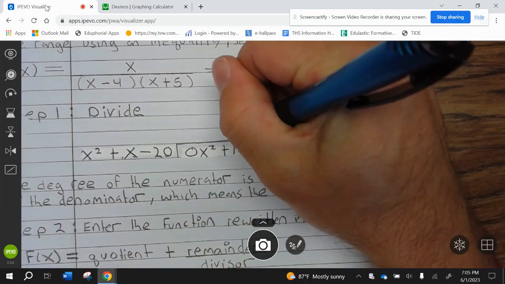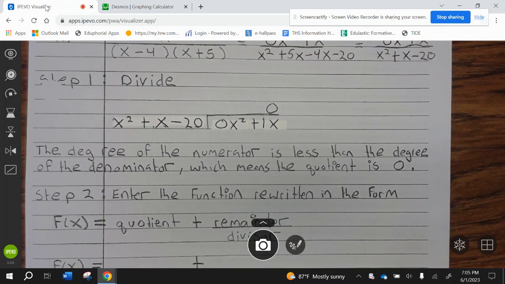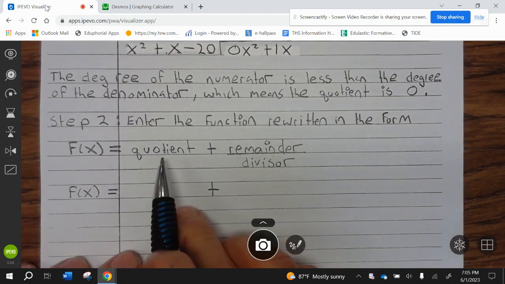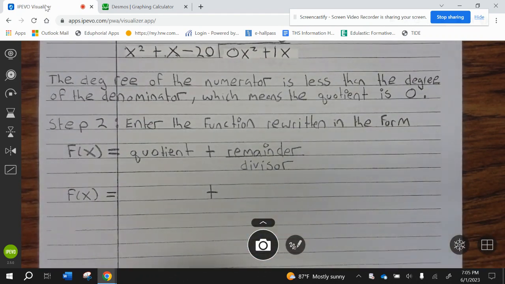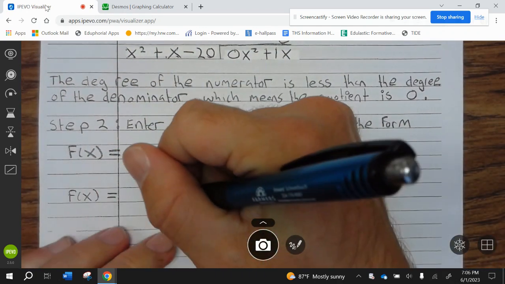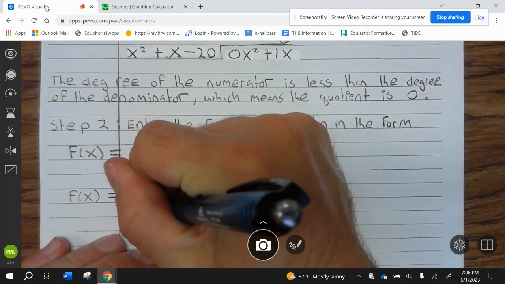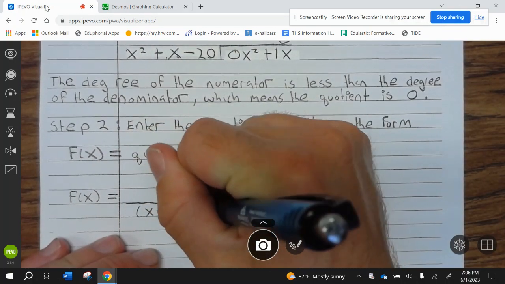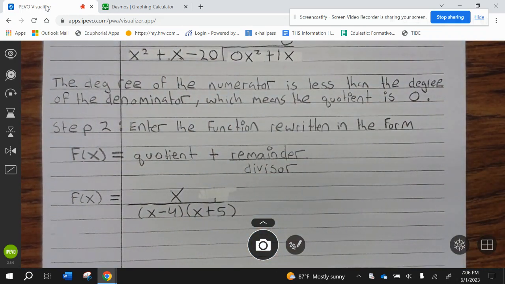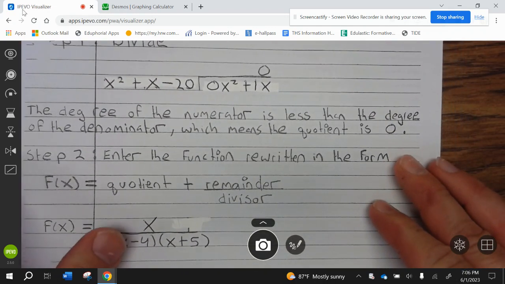The answer to that is 0. Since the degree of the numerator is less than the degree of the denominator, the quotient is 0. Then we can't write the function in this form. We just go back to the function, which is x divided by x minus 4, x plus 5. Now let's go ahead and graph that and then take a look at the range.